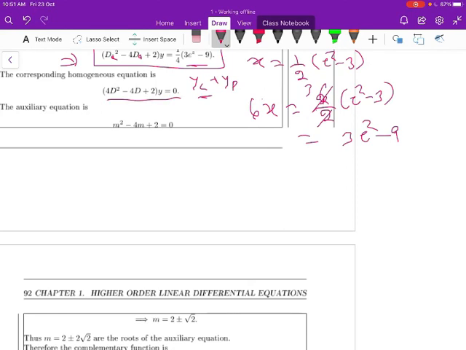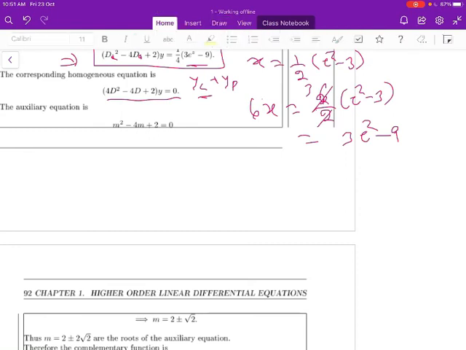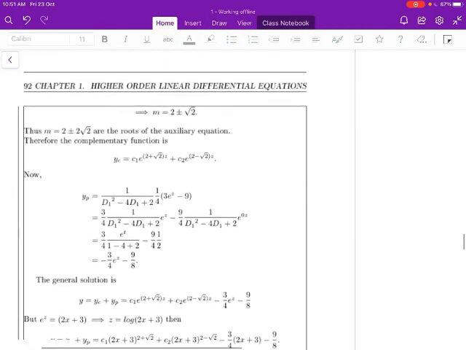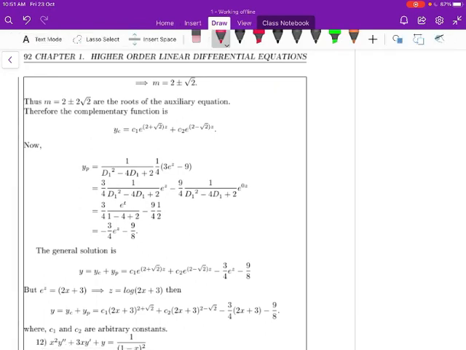Replace D by m, we will have m square minus 4m plus 2 is equal to 0. Let us find the roots of that equation. It is a quadratic equation, therefore the roots are 2 plus or minus root 2. These two roots are real and different.